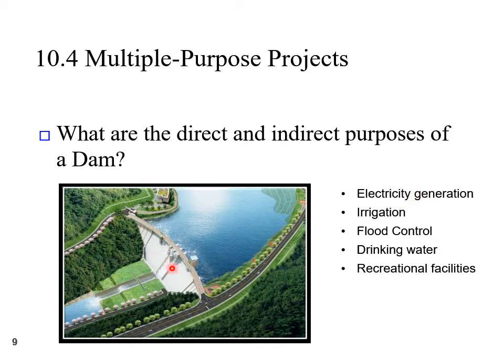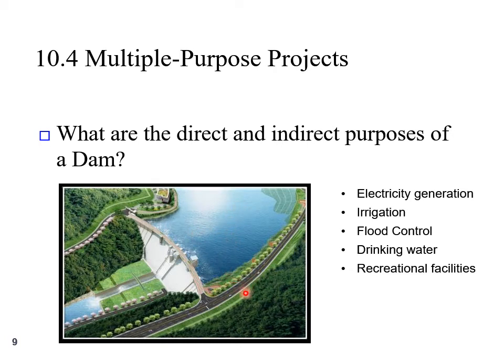We can use the dam for irrigation of the land. We can use the reservoir of the dam for flood control. We can satisfy the drinking water requirement of the nearby cities from this dam.